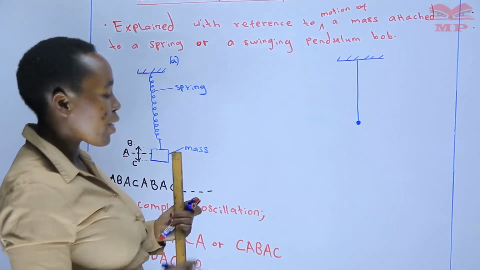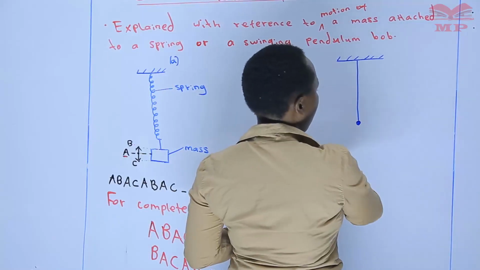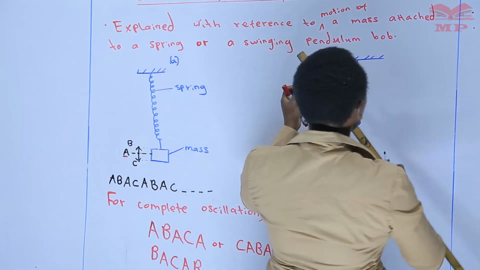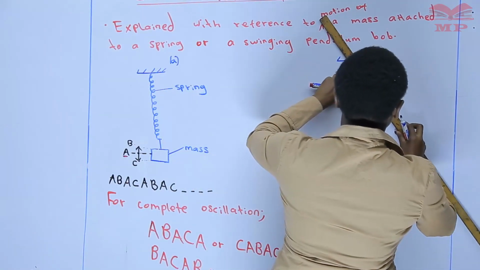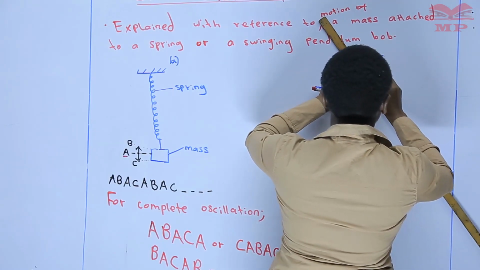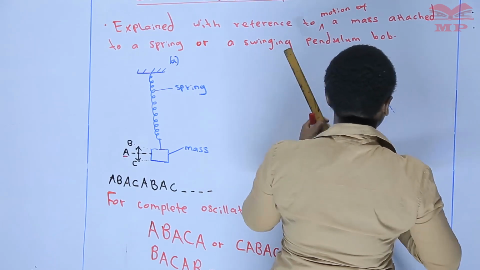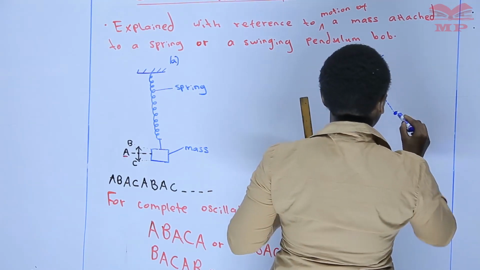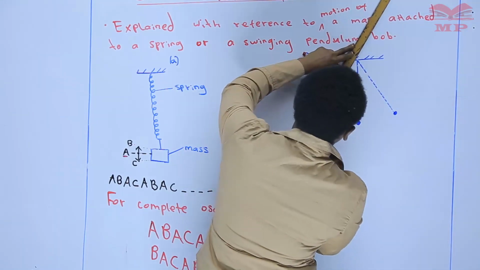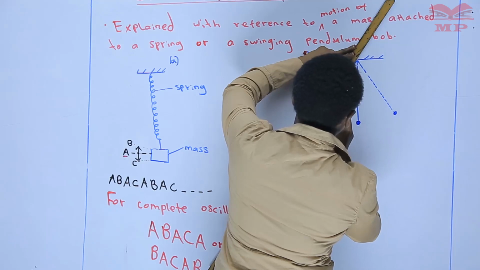So if we give it a slight displacement horizontally, it's going to swing this way. So it is going to swing to this direction. We can use a dotted line. So it is going to swing to that side, and again it will swing to the other side.